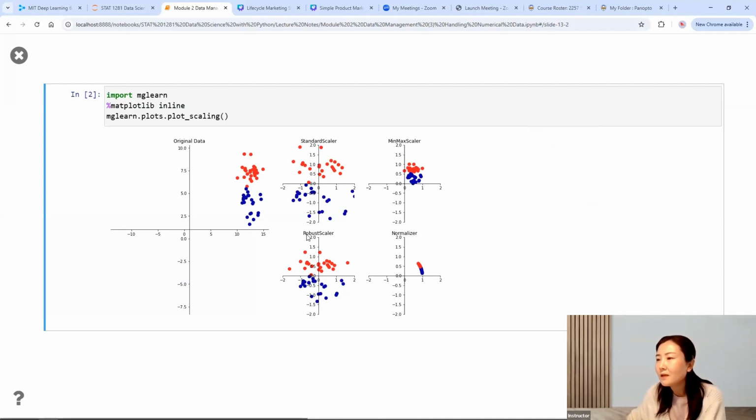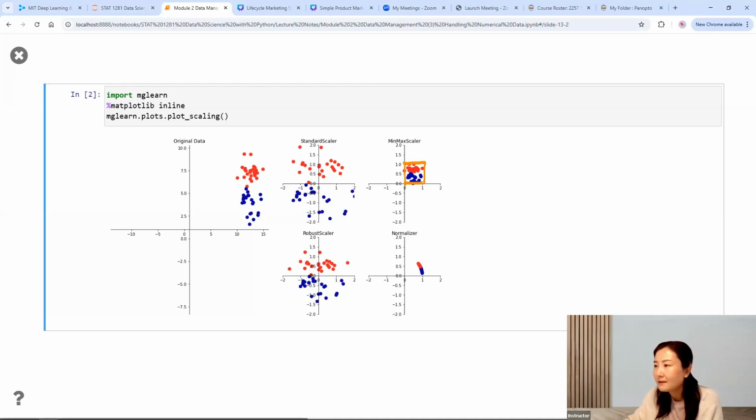The robust scaler is similar to the standard scaler, but it's more like a diamond-shaped region, still not bounded actually. And for min-max, as I have demonstrated, if you use the min-max scaler for two-dimensional data, after the transformation, they will be within this unit square.